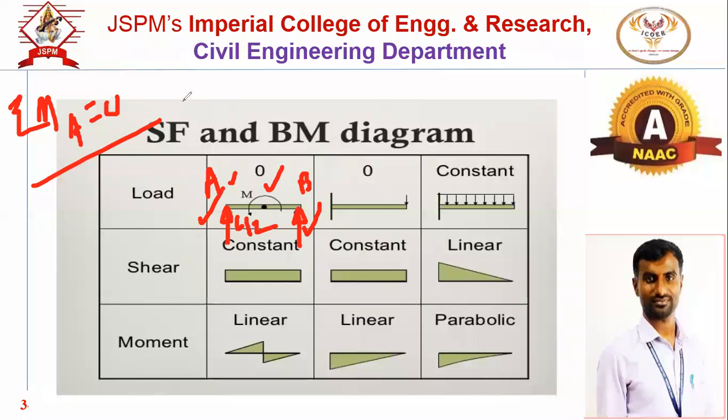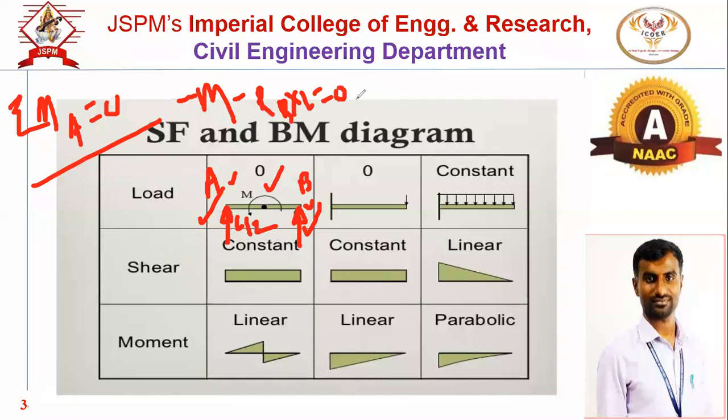That's why minus M. Then, initially we have assumed both the reactions are acting in the upward direction. Okay, this is upward, this is also upward. So moment of this reaction about point A, it is also anti-clockwise, minus RB into L, minus RB into L is equal to 0.